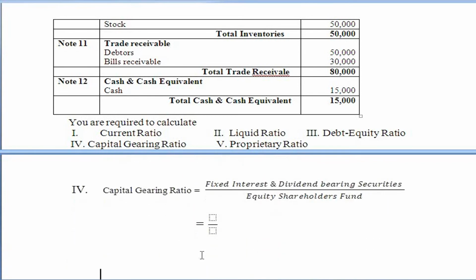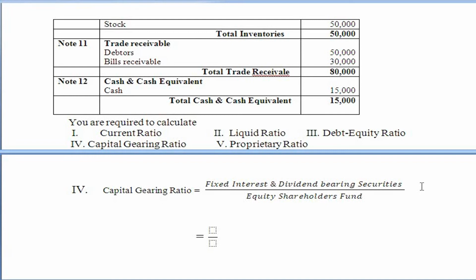Capital gearing ratio is equal to fixed interest and dividend bearing securities divided by equity shareholders fund. Now this ratio is usually calculated to find out the relation or the proportion between the fixed interest securities, on which the firm has to pay a fixed amount of interest and dividend to the investors, and the equity shareholders.